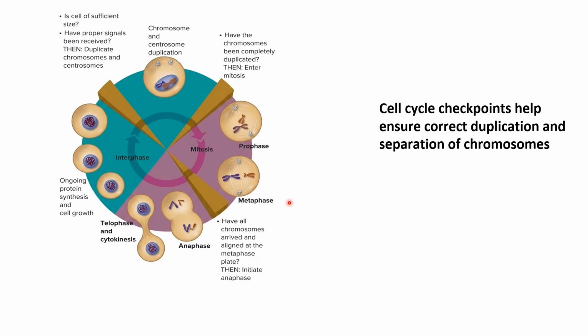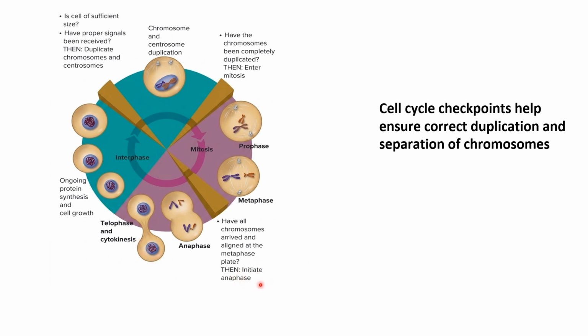After the metaphase stage, some questions are asked as checkpoints. Have all chromosomes arrived and aligned at the metaphase plate? If the answer is yes, then it will initiate the anaphase stage by separating the chromosomes to opposite poles and finally undergo telophase and cytokinesis.